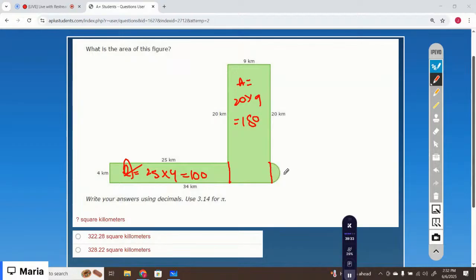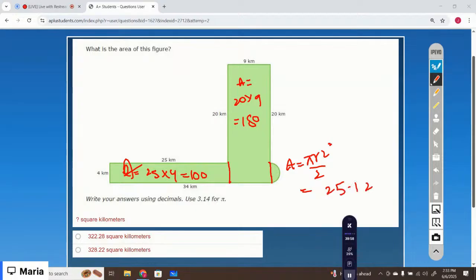Area of this semicircle is A equals pi r square, divided by 2. So r is 4, that is 16. 8 times 3.14 is 25.1.